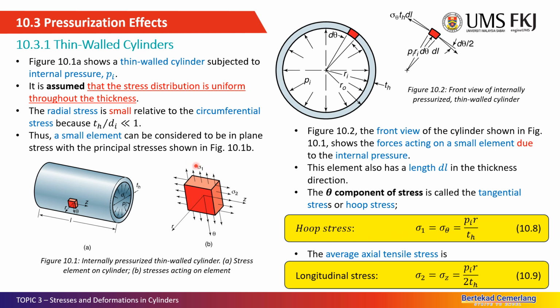Then another one is the average axial tensile stress, which we call the longitudinal stress, represented by sigma 2. It is parallel to the axis Z, so it is also called sigma Z, the stress in the Z axis. It is equal to the internal pressure Pi times the internal radius divided by 2 times the thickness.